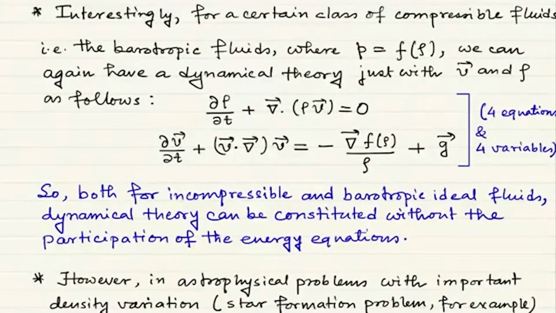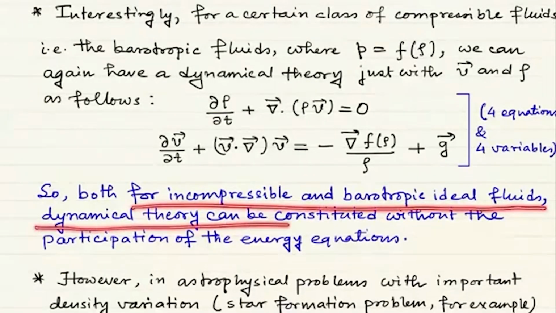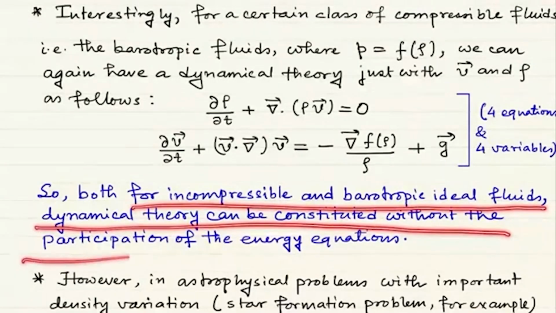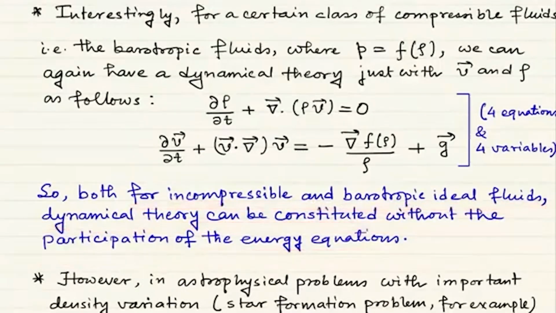Okay, so the conclusion is both for incompressible and barotropic ideal fluids, dynamical theory can be constituted without the participation of the energy equations. Now why are we talking all about this?